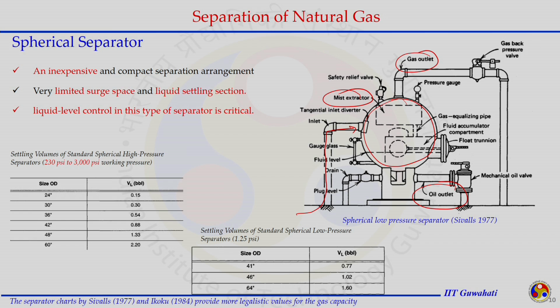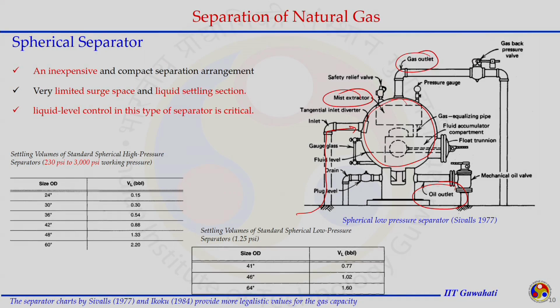As mentioned previously, when there is a possibility of two different fluids going into contact again, we can put some liquid level controller so the liquid level is not going beyond that, and accordingly the flow rate is adjusted. But in this kind of separator, where the surge volume or the settling volume of the liquid is very limited, installing those kinds of level measurement devices will be difficult.